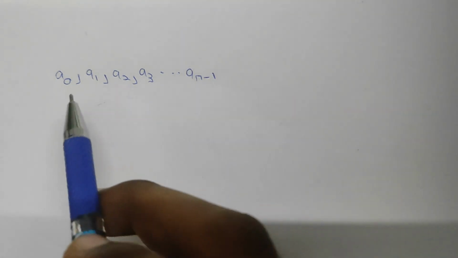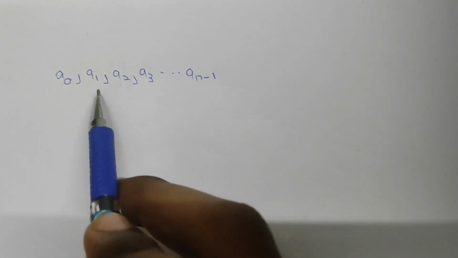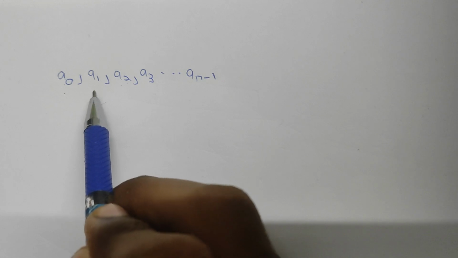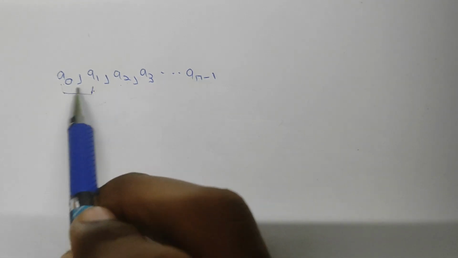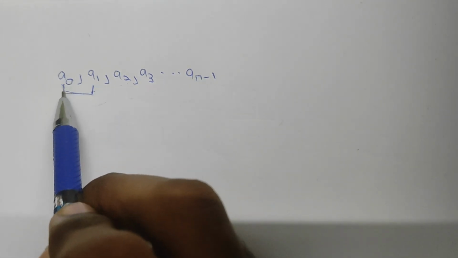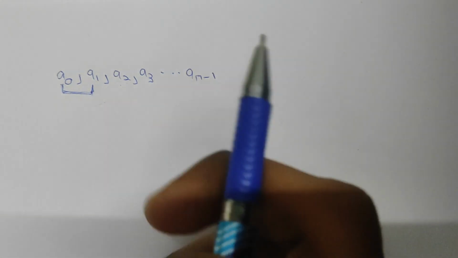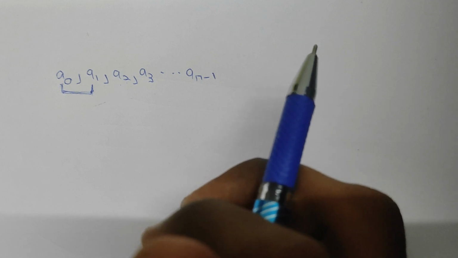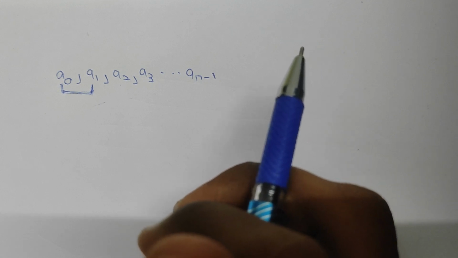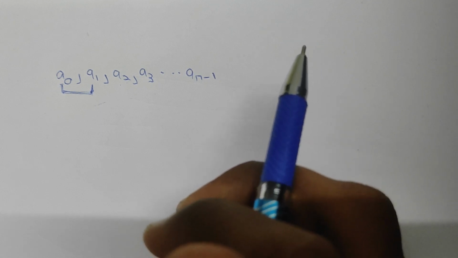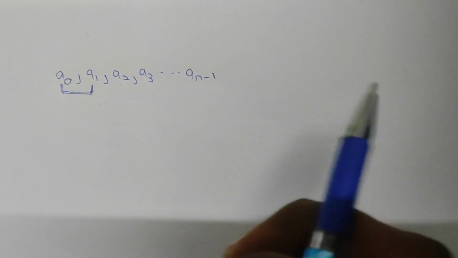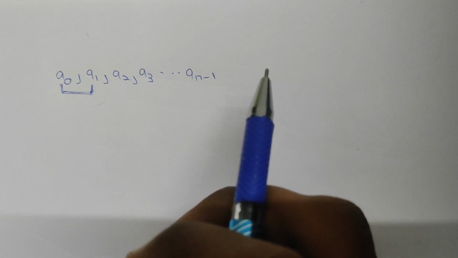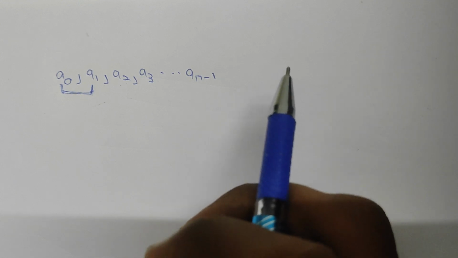So we can take A0, we can take A0, A2, but we can't take A0 and A1 in a subsequence because they are adjacent to each other. We can't take elements which are adjacent to each other in the subsequence. So we have to find the maximum sum subsequence.